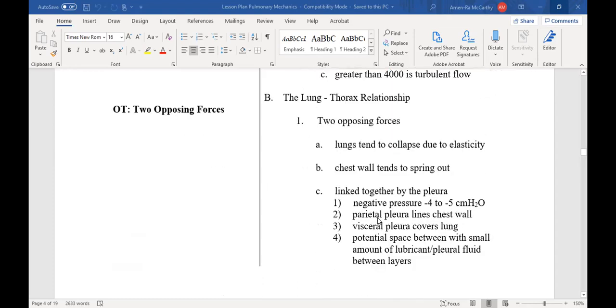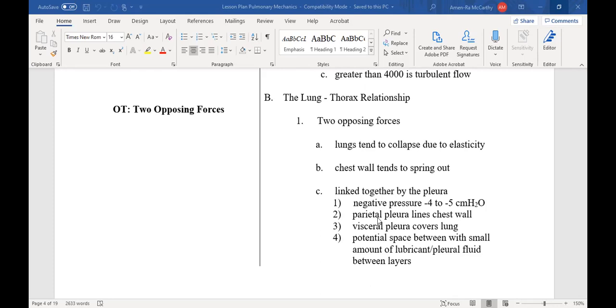All right, the lung-thorax relationship. We learned that the diaphragm, when it is stimulated by the what nerve? The phrenic nerve, it will descend. It will flatten, right? It will contract. And when that happens, it sucks the lungs open like a vacuum. And that interpleural pressure becomes more negative, okay?